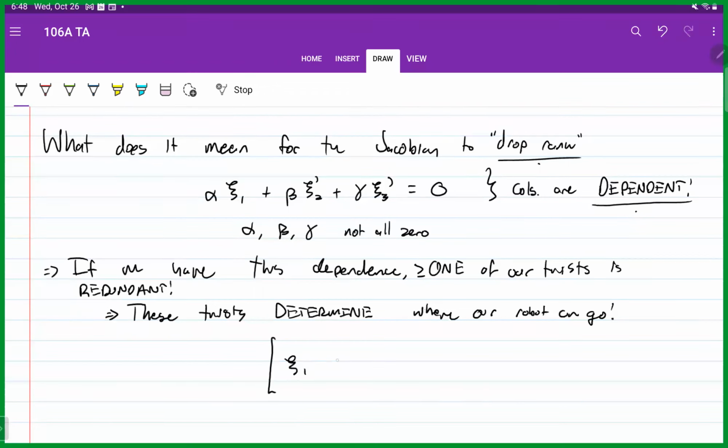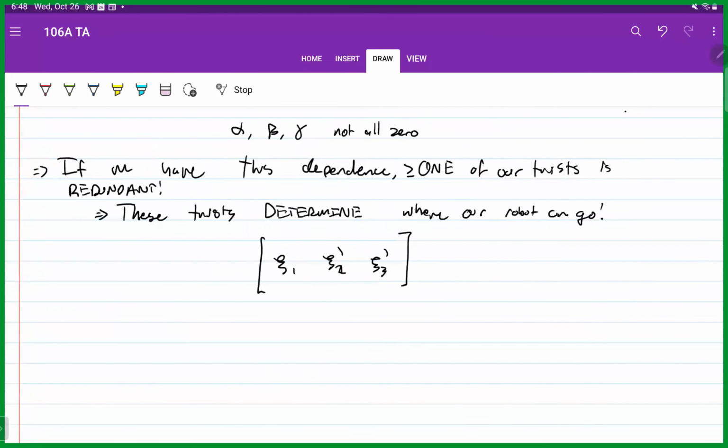So if one of xi1, xi2 prime, and xi3 prime is just composed of, say, the other two, then we may as well just not even have that one in there. So it's like we lose an entire degree of freedom in our robot.